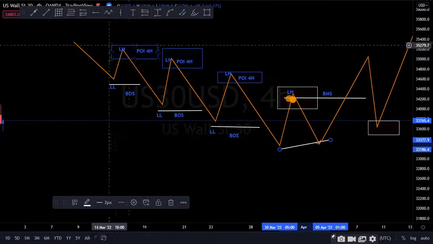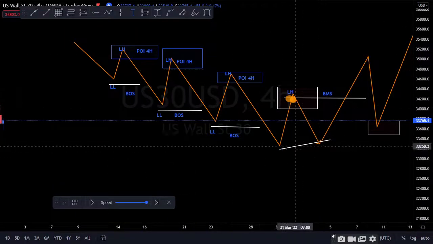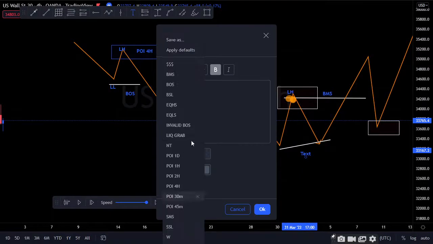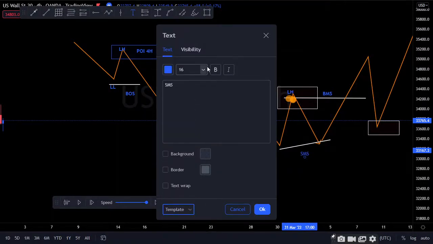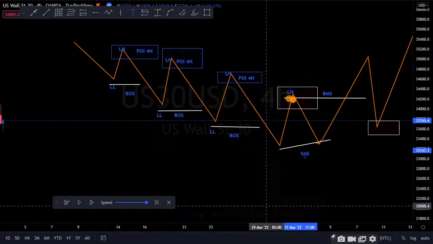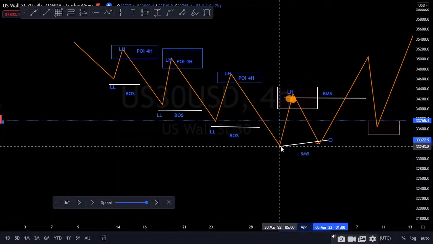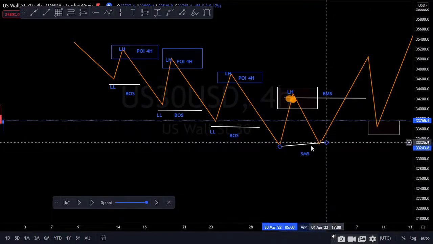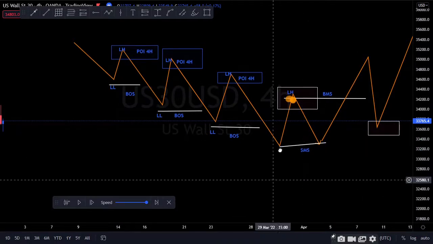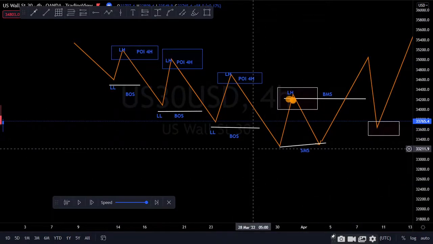So we have the shift in market structure here, which is labeled as SMS. Then we change the structure. So this is how bearish market structure moves.